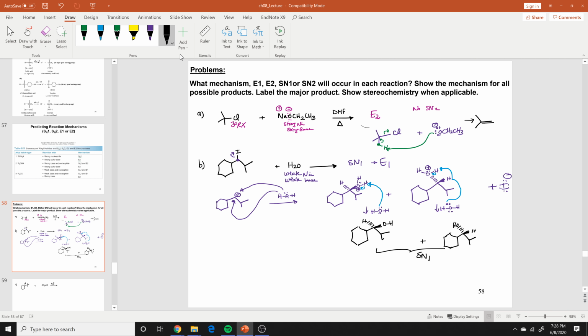So again, the ones happen together. With the E1 product, I have my carbocation. Now I'm going to use water as my base. Oh, first, see that carbocation, I didn't do any rearrangement in here, but I should have done a rearrangement, by the way. Let me change the question.